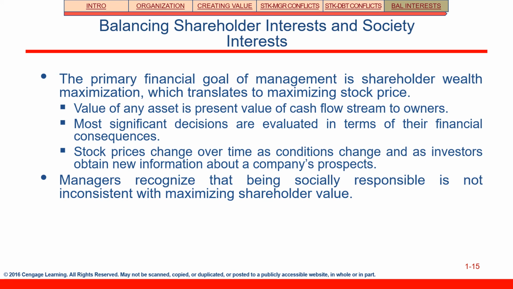But there are situations where the interest of society must also be accepted, because it will really affect the stock market price of your stock. So it's not really consistent.